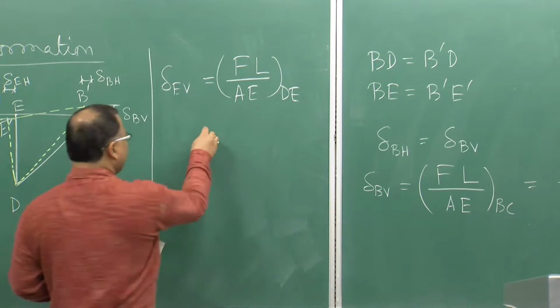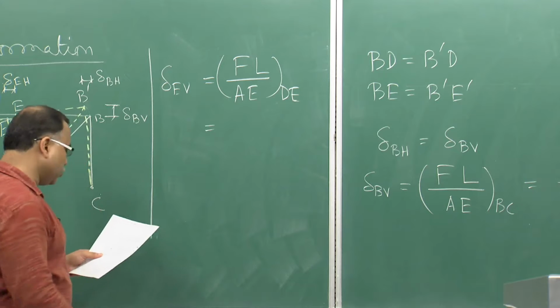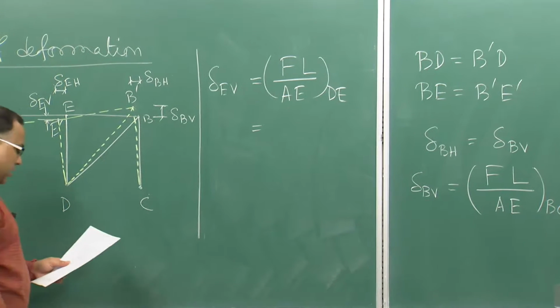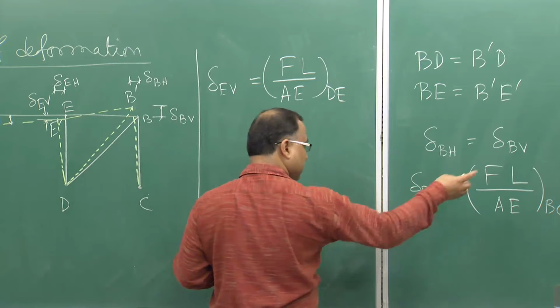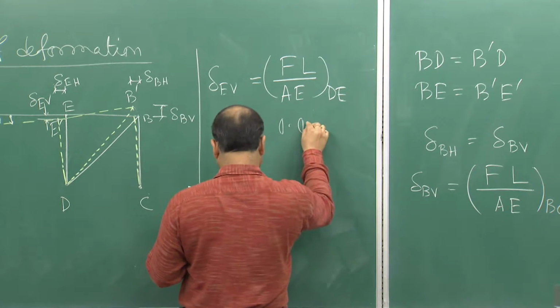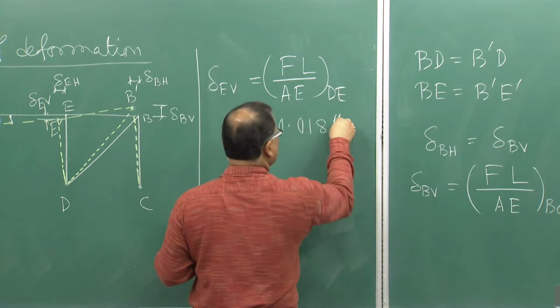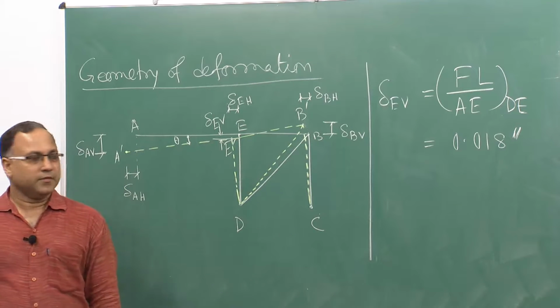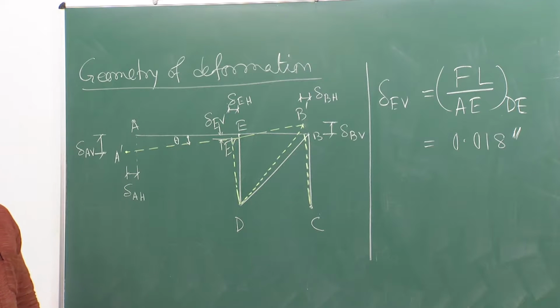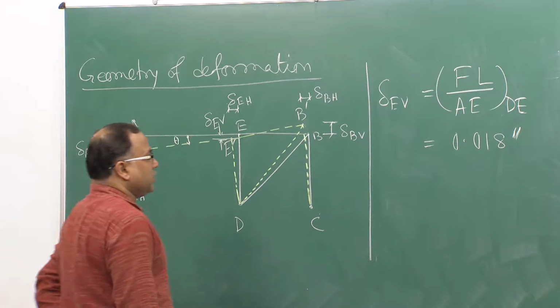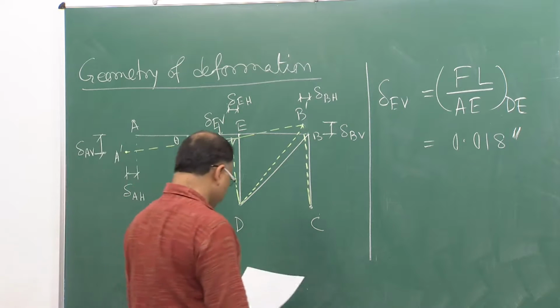You know the magnitude of force carried by DE, that is 15,000 pounds, and if you put in all the numerical values, you will get 0.018 inch. The double dash sign is for inch. So I have got delta BV and delta EV.